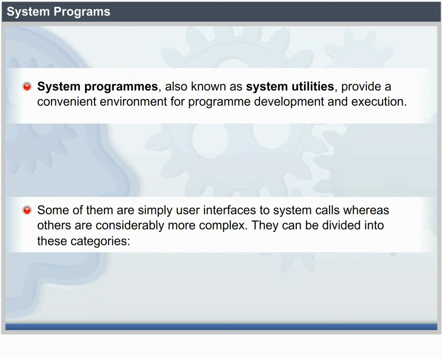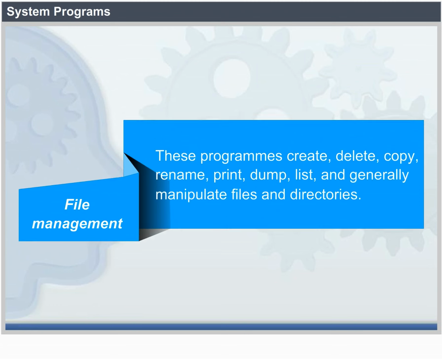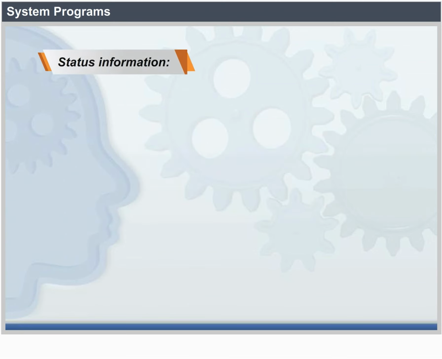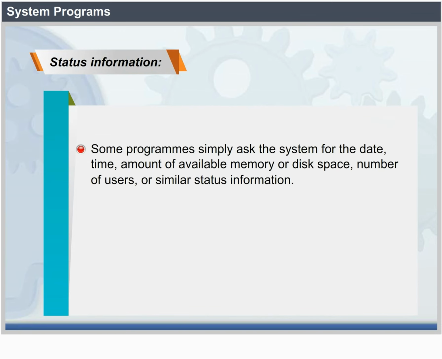File management. These programs create, delete, copy, rename, print, dump, list, and generally manipulate files and directories. Status information. Some programs simply ask the system for the date, time, amount of available memory or disk space, number of users, or similar status information.